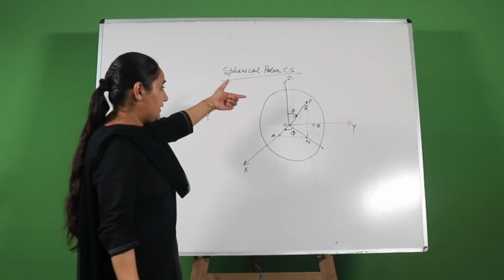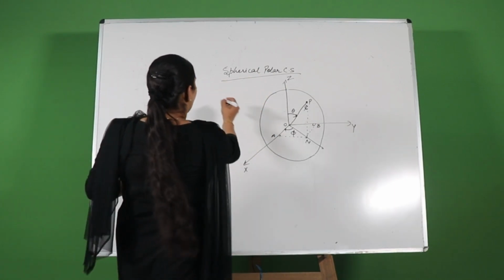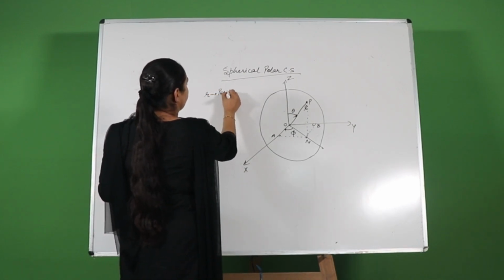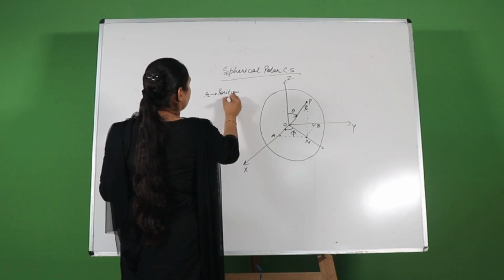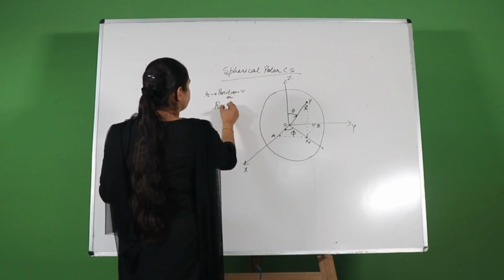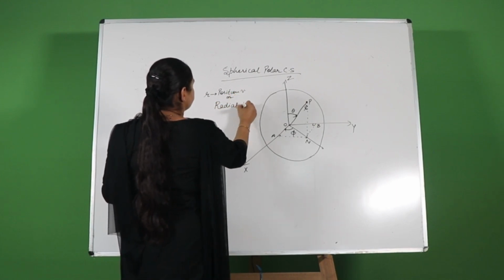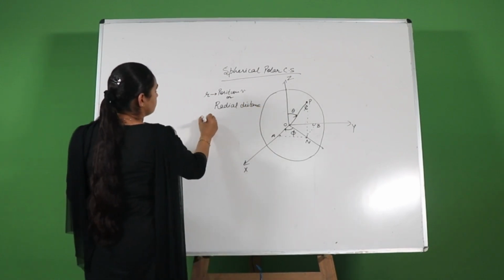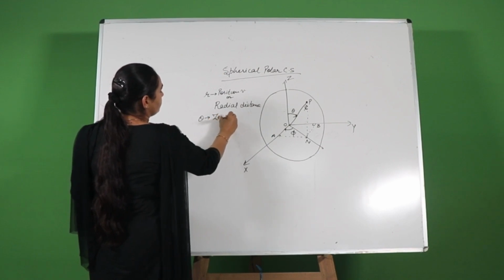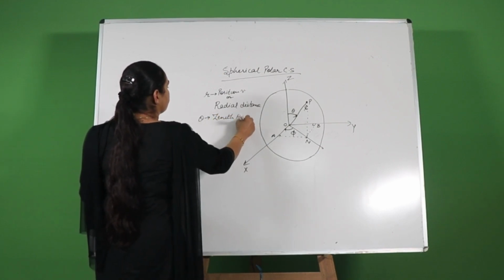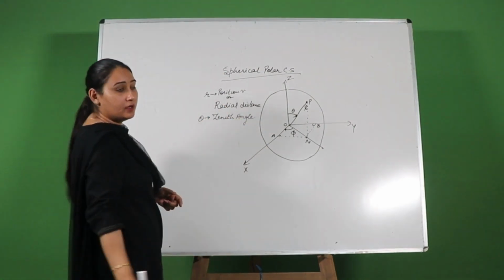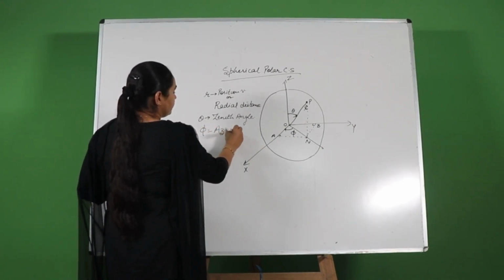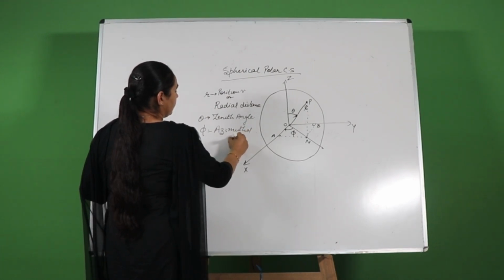Now in this, r is called the position vector or the radial distance. Theta is called the zenith angle and phi is called the azimuthal angle.